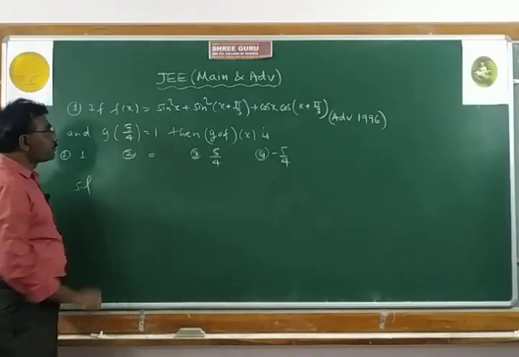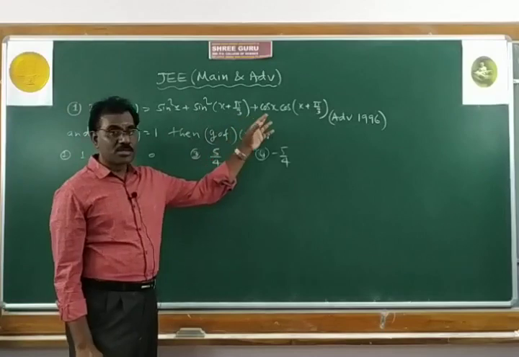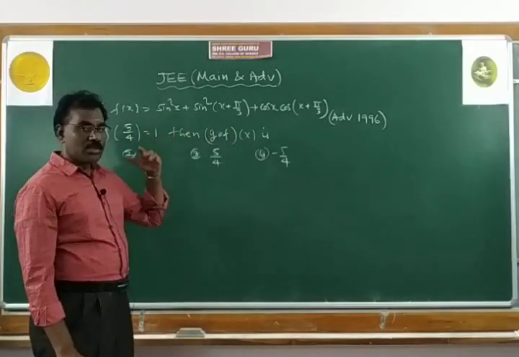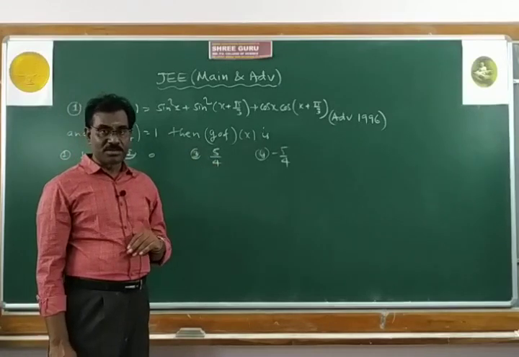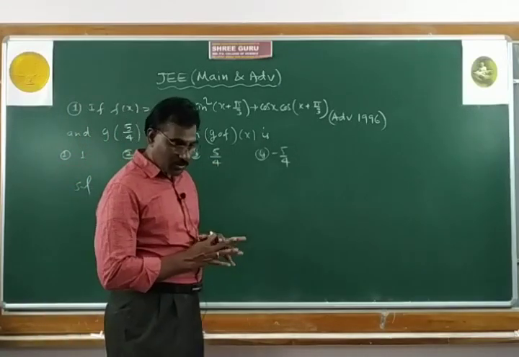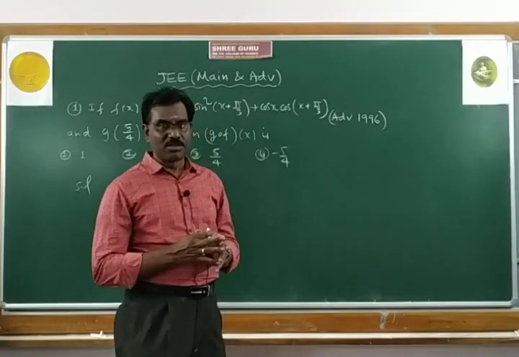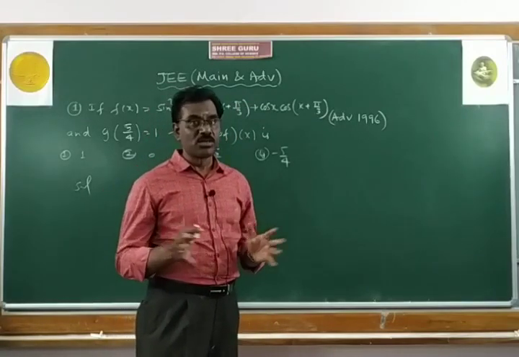See, totally this is a trigonometric function. When you are substituting an x value, definitely you will get the answer. So what value of x should we substitute? The calculation must be easy only.